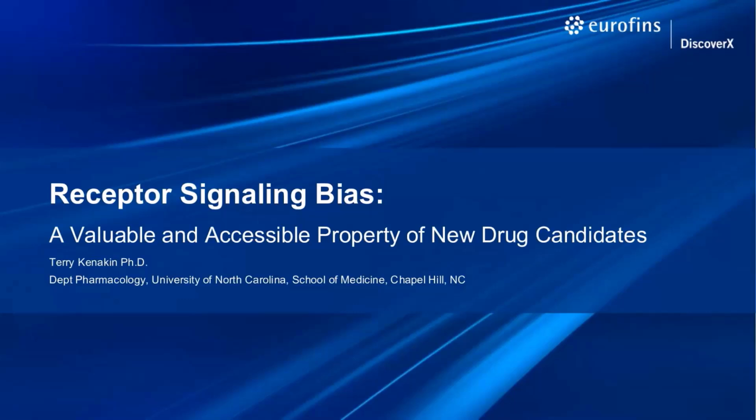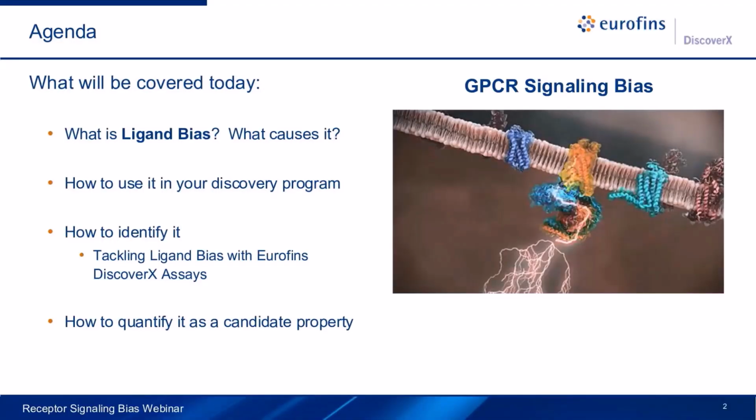Thank you, Elizabeth. This is a webinar on receptor signaling bias, and I'm going to try to convince you that it's a valuable and accessible property of your compounds in your discovery project. So what we will be covering today: we'll first talk about what is bias, and then what causes it, and then how you would use it in your program, how to see it, how to know it's there.